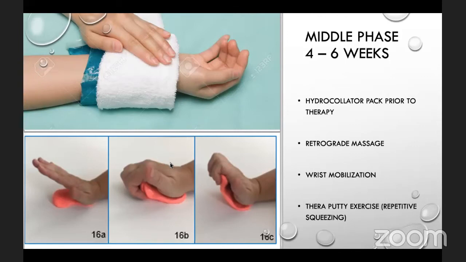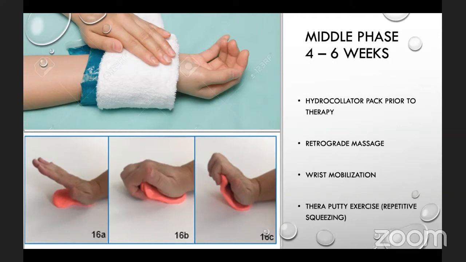Here I started with a hydrocollateral pack. It was for 15 to 20 minutes to relax the muscle and nerve and to better perform the exercise. Then I did some retrograde massage.